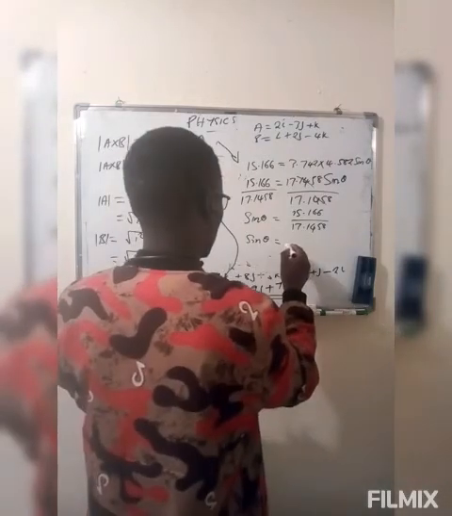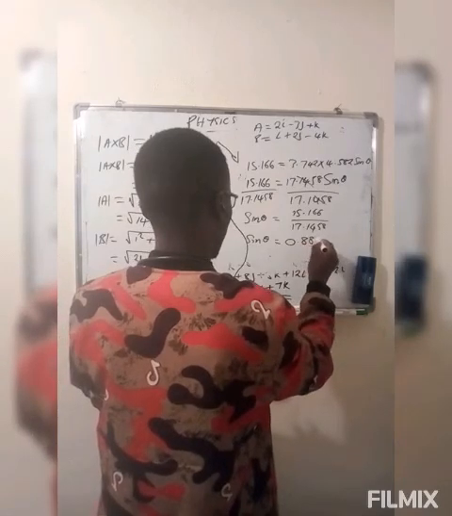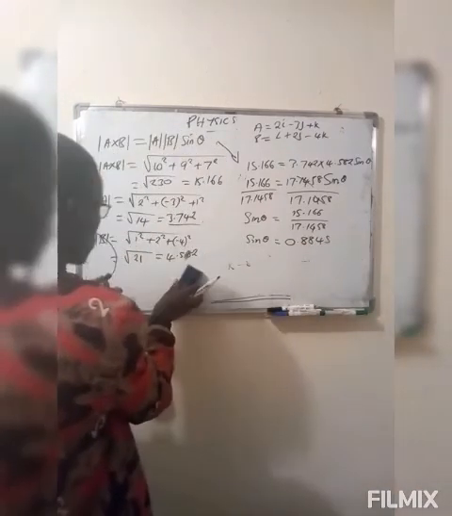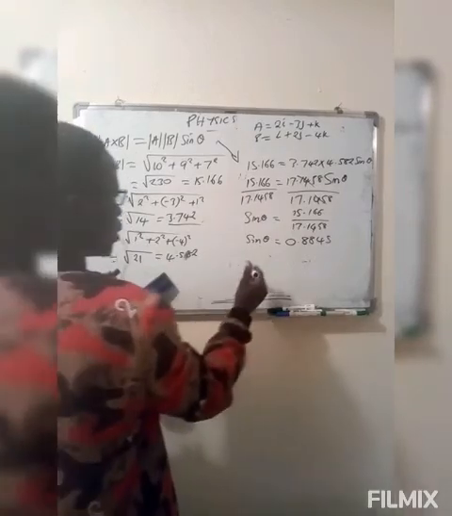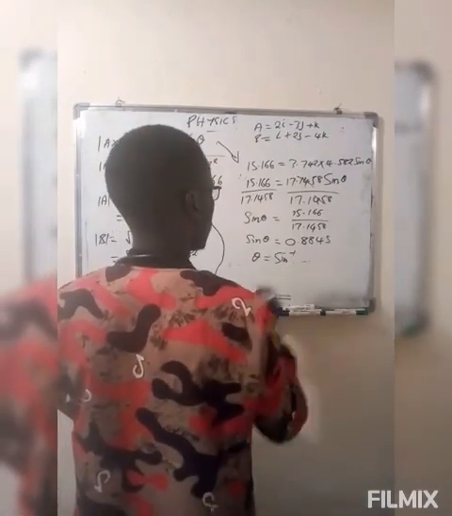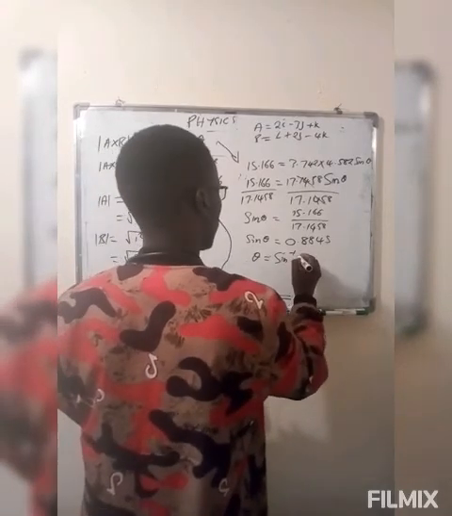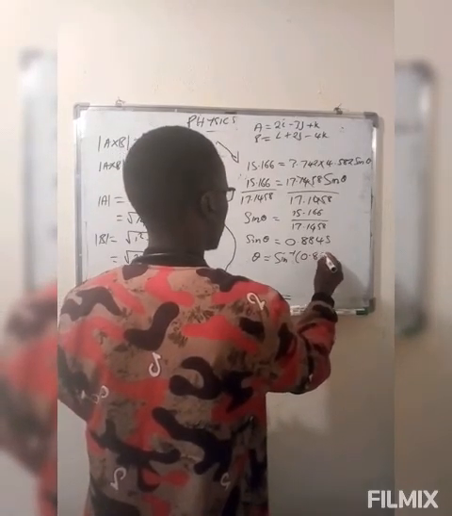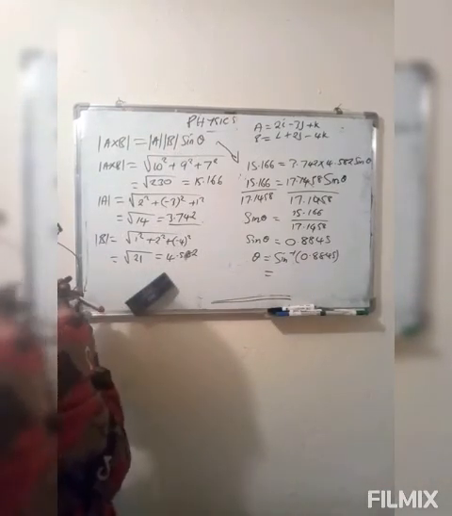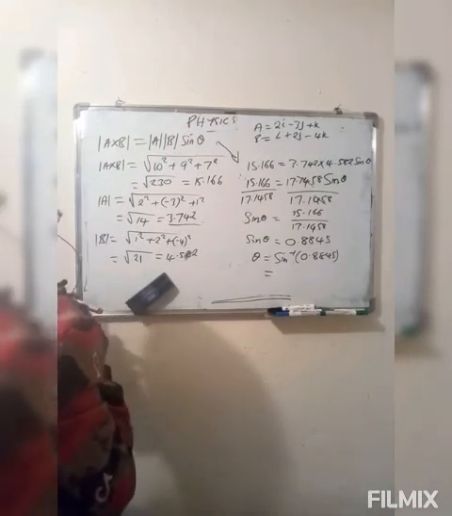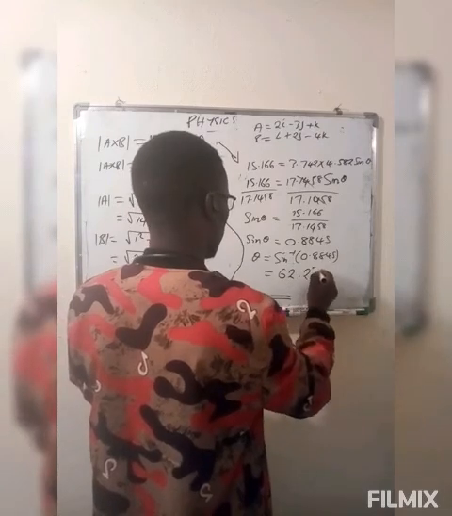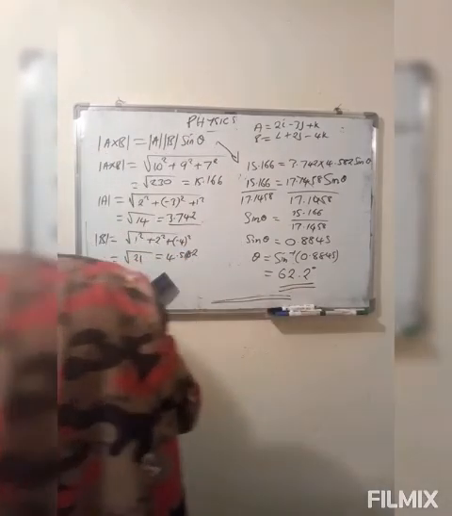And then theta is going to be equal to sine inverse of 0.8845, which is equal to 62.2 degrees. So that is going to be your answer. That is the angle between the two vectors, between vector A and vector B.